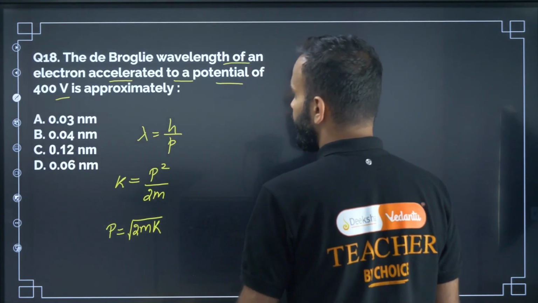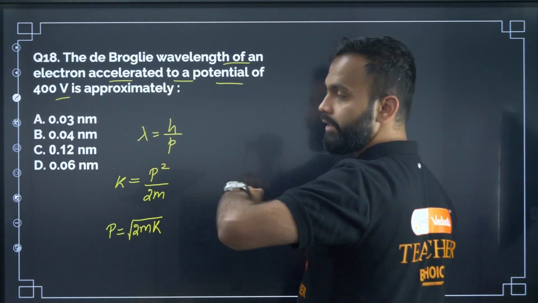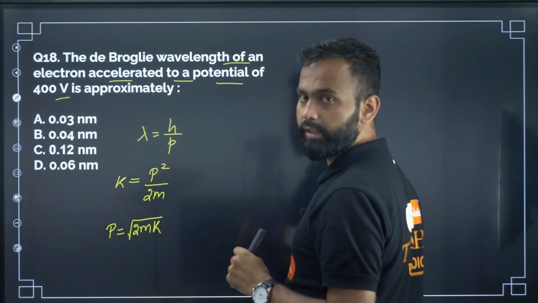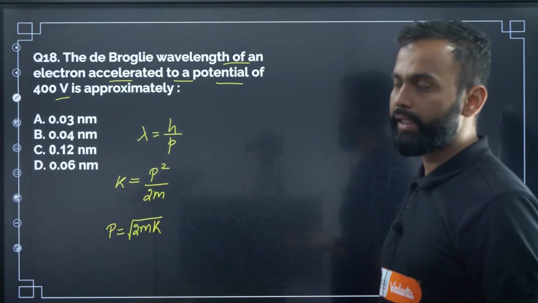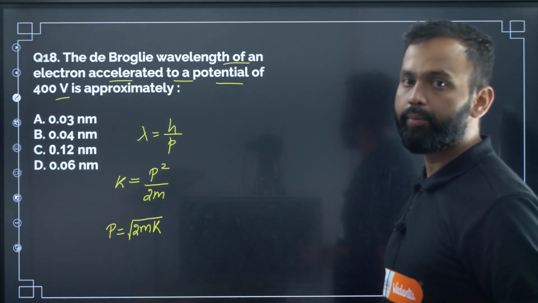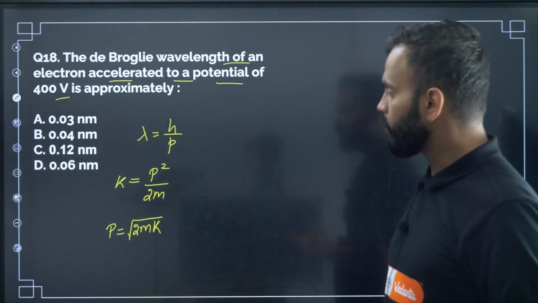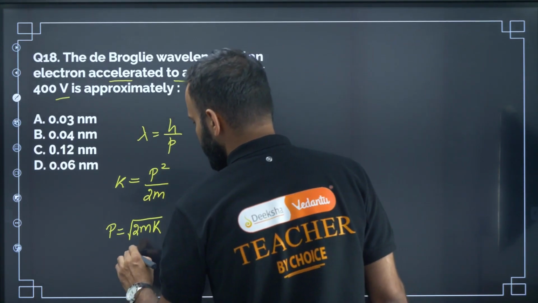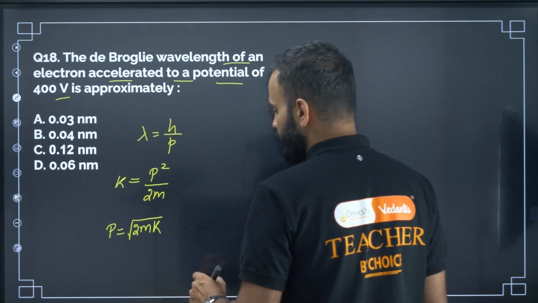So here the electron is accelerated through a potential difference of 400 volt. That is, the electron gains kinetic energy, right? Electron gains kinetic energy and the electric potential energy of the electron decreases, right? So gain in kinetic energy is equal to loss in potential energy.